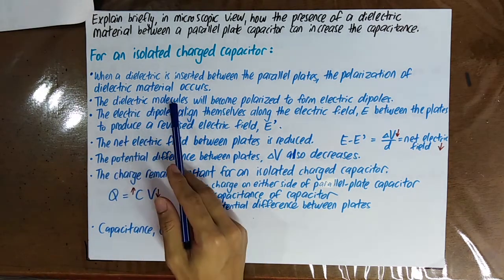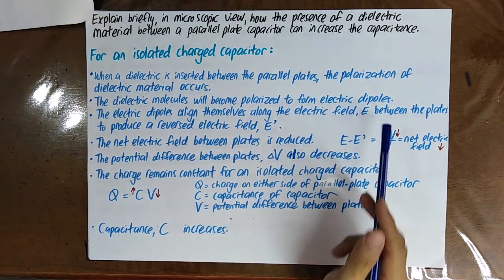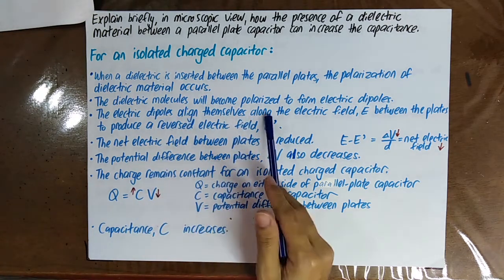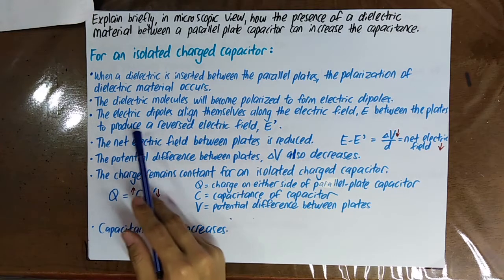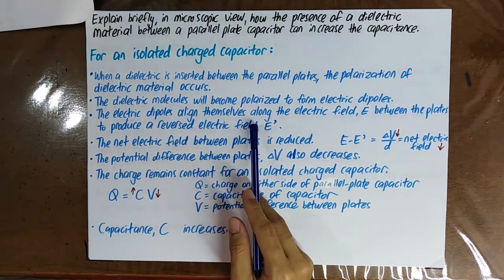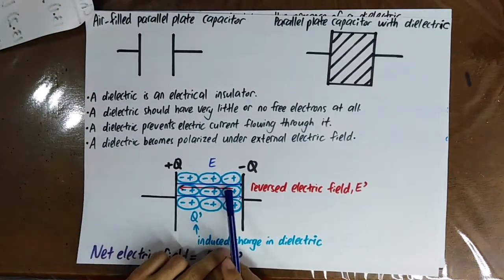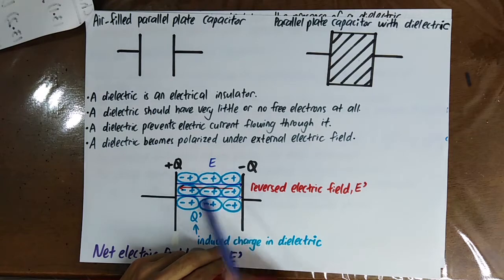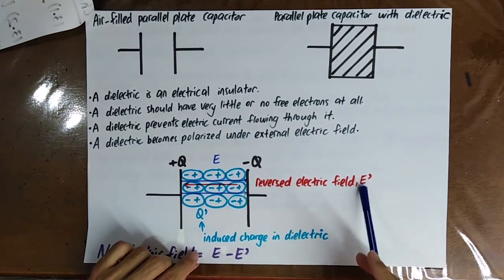The dielectric molecules will become polarized to form electric dipoles. The electric dipoles align themselves along the electric field between the parallel plates to produce a reverse electric field E'. Okay, the E' is the red color one. The original electric field is the blue color one. Okay. I often denote the reverse electric field by E'.